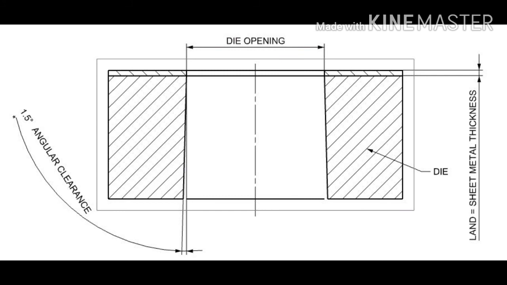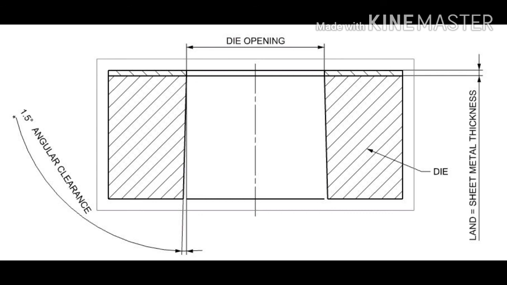So soft material requires greater angular clearance than hard material. The normal value of angular clearance is about 1.5 degrees per side. You can see in the diagram on the screen.